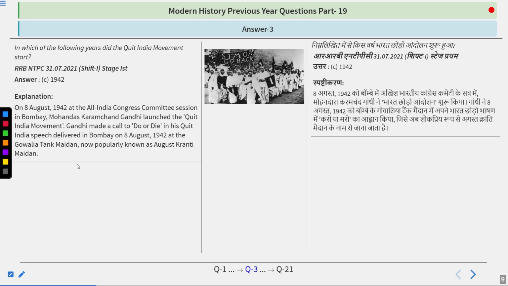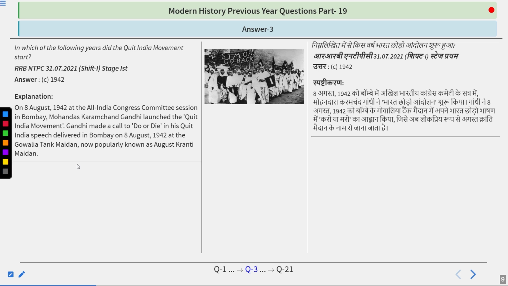But as we know, in 1918 also they promised something, that we will give you Swaraj, but nothing was given. So in 1942, we did not help the Britishers in the Second World War, but Gandhiji started a movement that is called the Quit India movement. And this movement was the last movement started by Gandhiji in the freedom struggle of India.